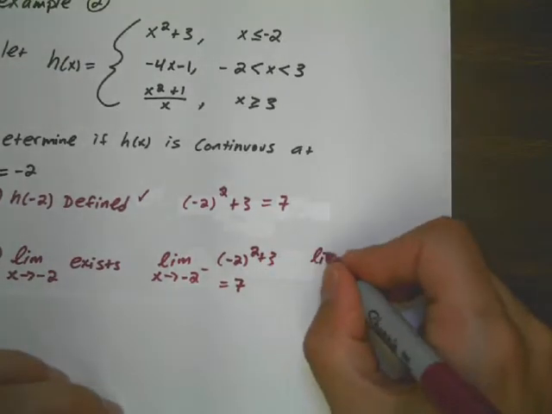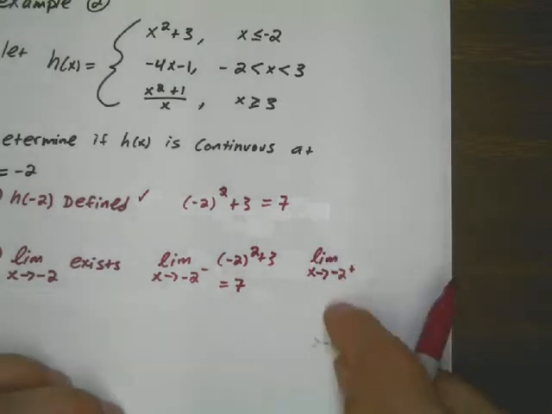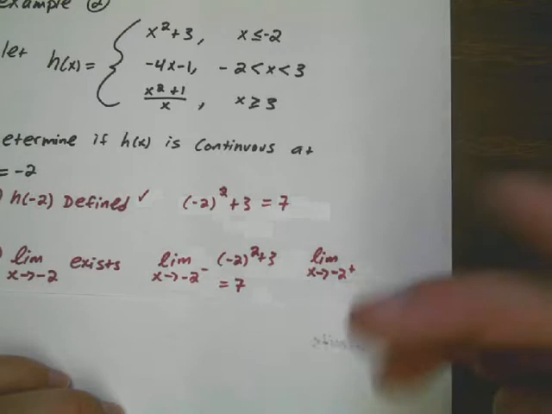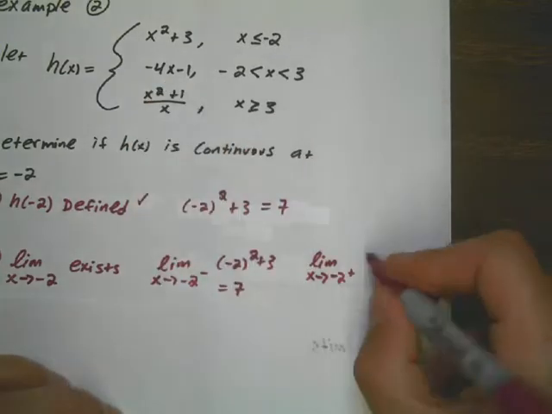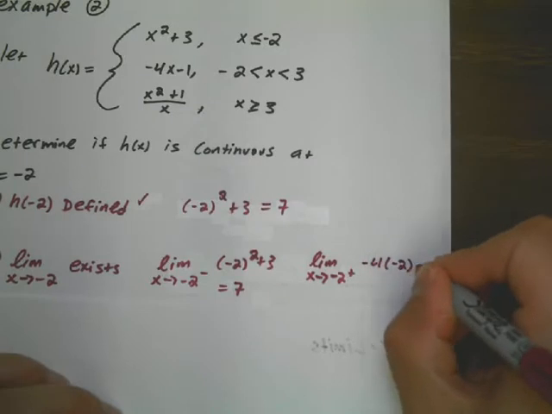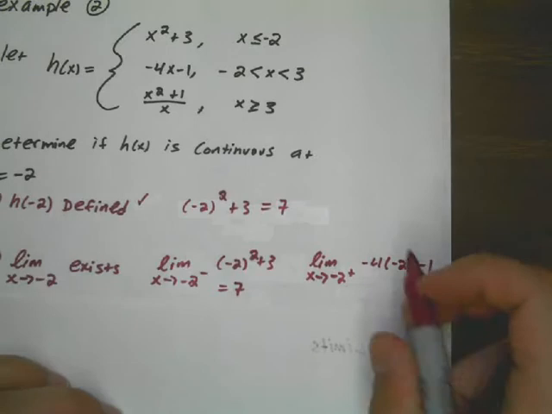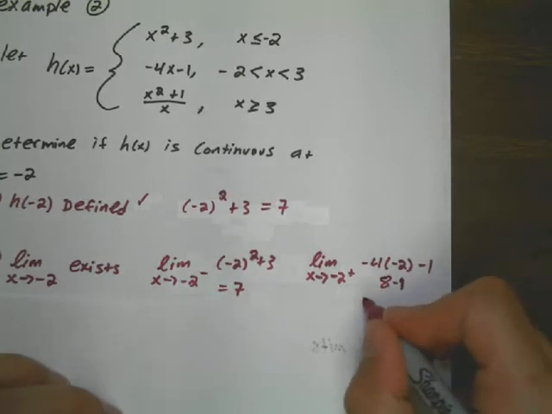Now the limit from the right, all the values a little bit past -2 from the right, we're going to be using the middle definition. -4 times -2 minus 1. These 2 negatives give me a positive 8 minus 1, and it gives me a 7.